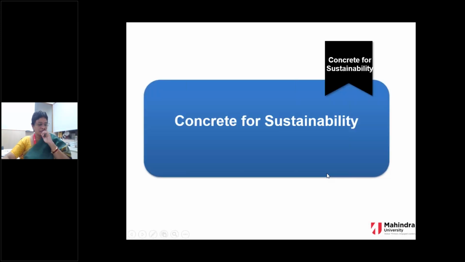Whenever the word concrete comes into the frame, it always comes with the saying that concrete is not a green material. What I feel is that this is partly true and partly false. I'll give a detailed explanation of why I say that.